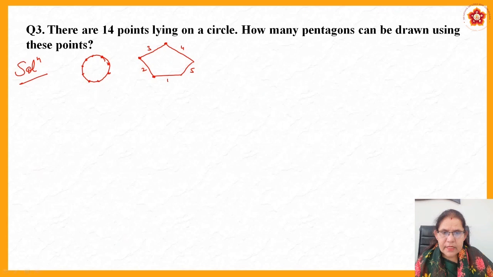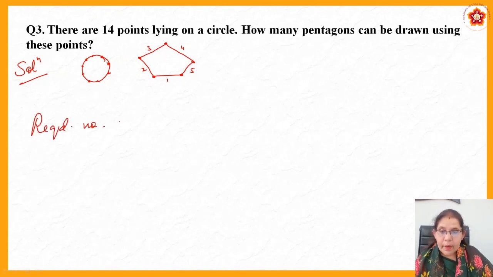And how many vertices does it have? 1, 2, 3, 4 and 5. So that means 5 points will join to form a pentagon. And when we have got all the points on a circle, these points are not lying on a straight line, because if we join 5 points on a straight line, we will not get a closed figure.